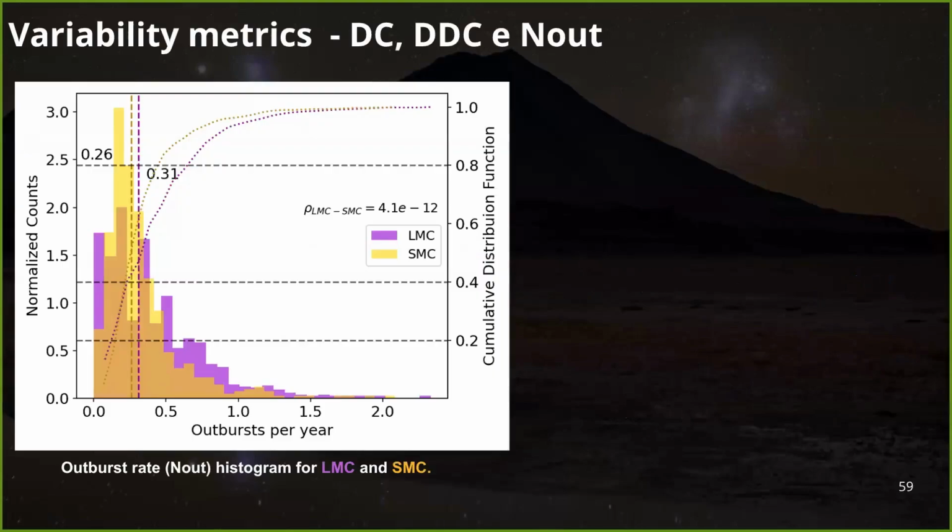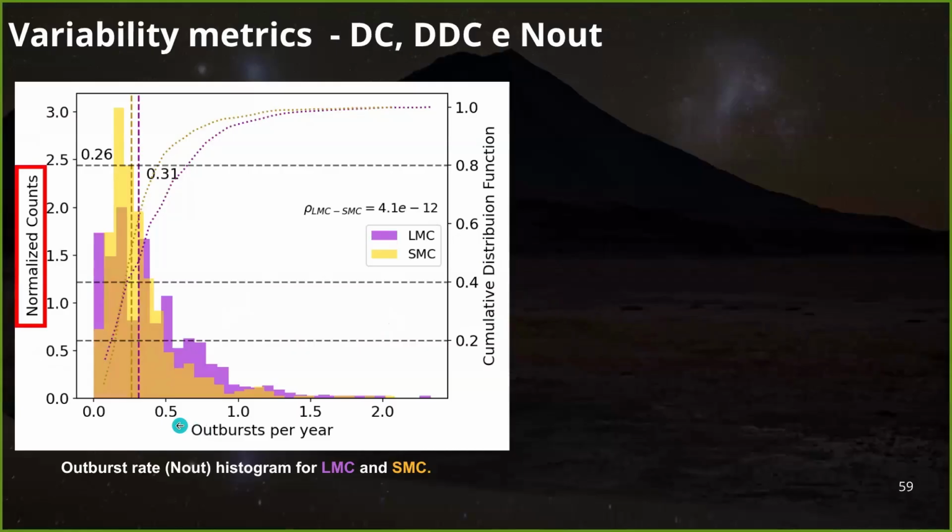So here I am outlining that we are comparing samples of different metallicities. Since the LMC metallicity is basically twice that of the SMC, we use normalized counters to be able to compare those samples appropriately.